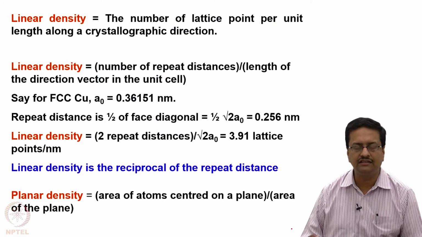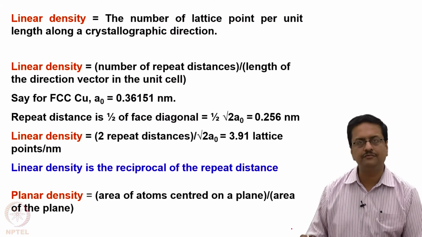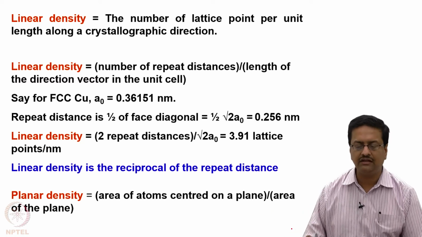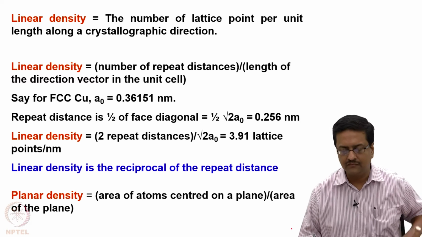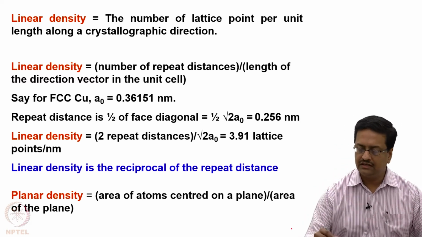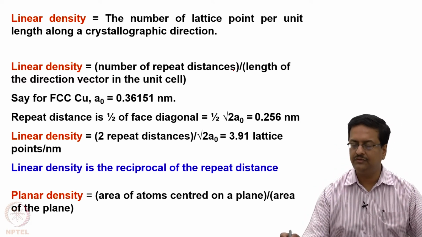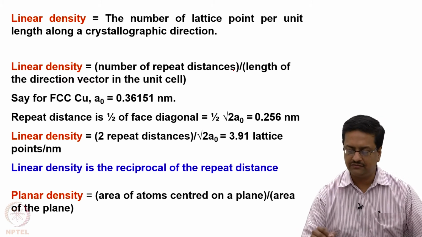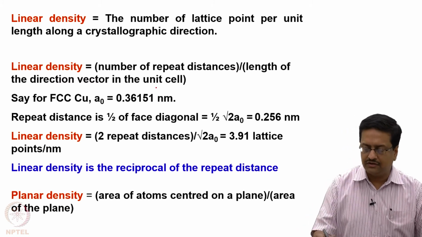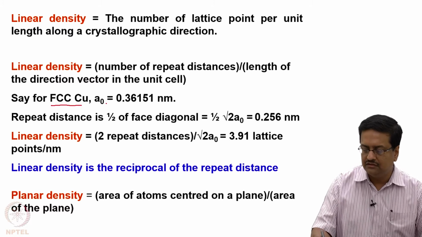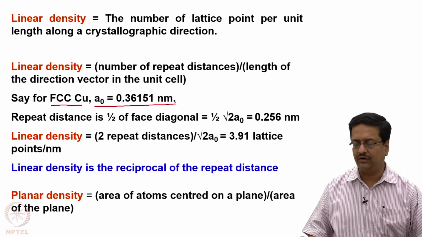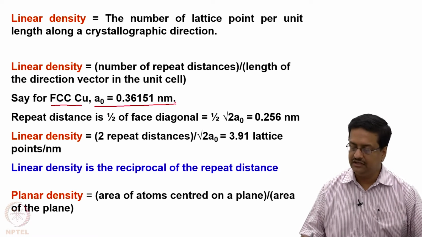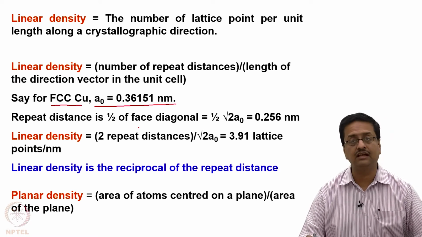So the linear density is the number of lattice points per unit length along a crystallographic direction. So linear density is basically the number of repeat distances per unit length of the direction vector. So for FCC copper, when the edge length is 0.36151 nanometer, the repeat distance is half the face diagonal.